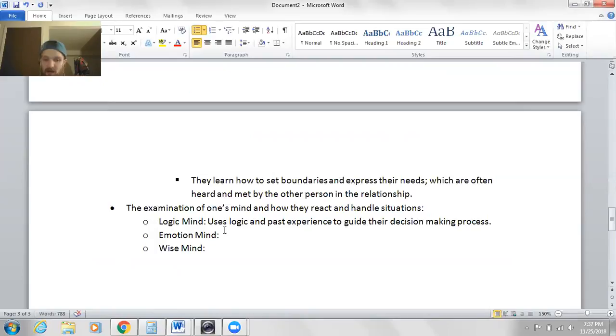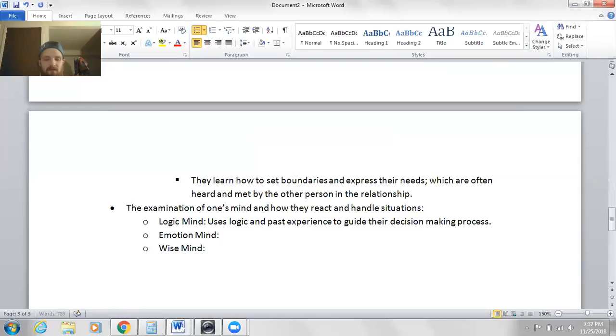So they're very logical. Any information, any evidence, they tend to base all of their decision making on that. And of course, it's hard to generalize and speak in such extremes, but there are people that only are logic mind people, and then we have people that are only emotion side.